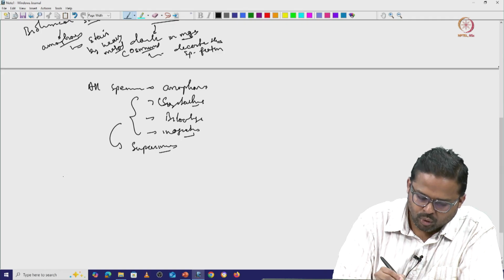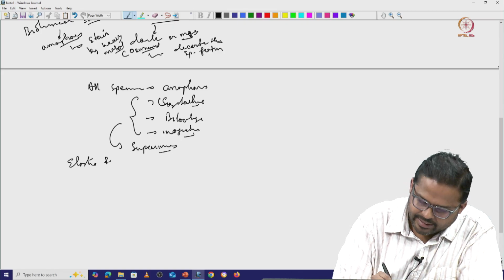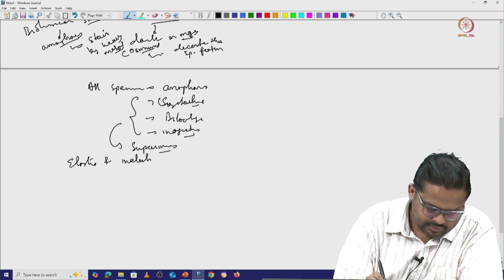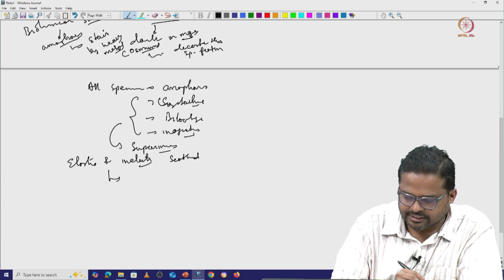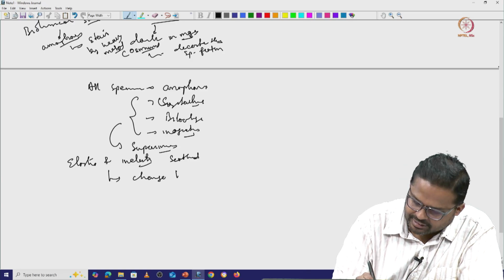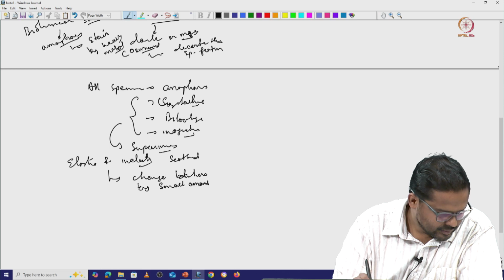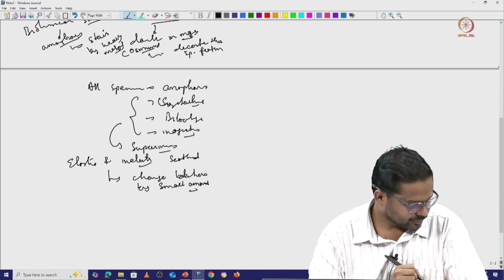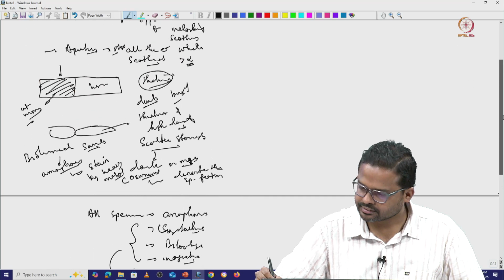So, here, as I told you, both elastic and inelastic scattering occur, which actually result in a change in direction by a small amount. Okay. So, this is related to mass thickness contrast.